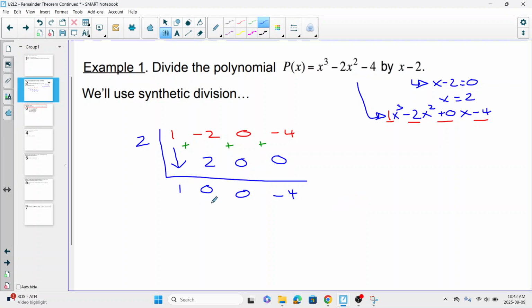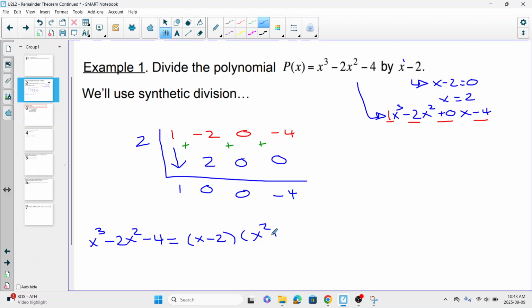Okay, so what we are left with here is, if we wanted to write out our division statement, if this is p of x, so we know that x cubed minus 2x squared minus 4 is equal to x minus 2 multiplied by, and remember that we take away 1 degree because we divided out a degree 1 from a degree 3. So we know this is x squared.